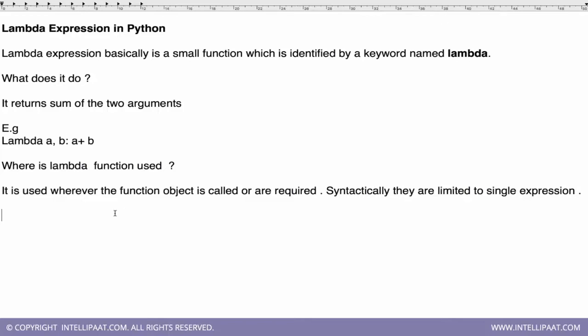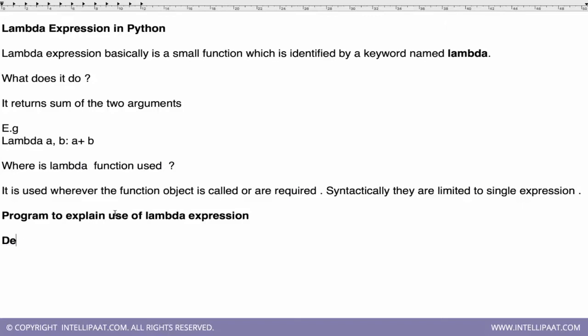Now let me explain it with the help of a program. A program to explain the use of lambda. As said, wherever the function object is called, it is used.